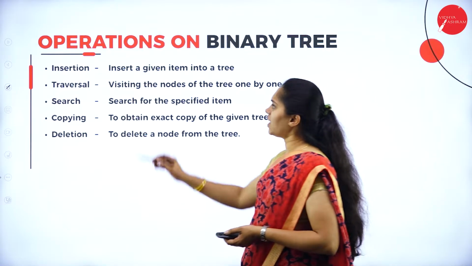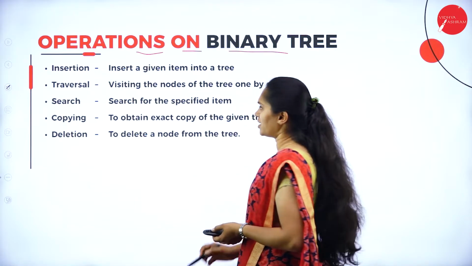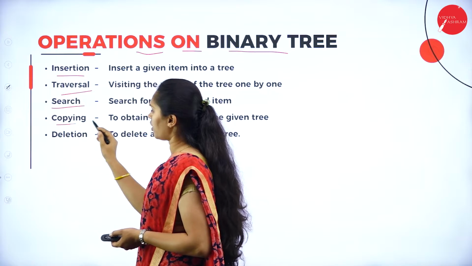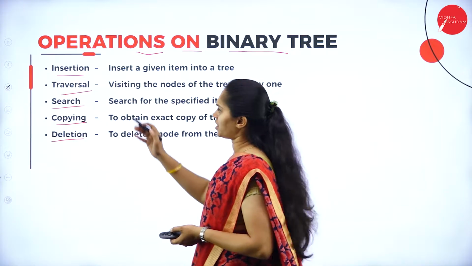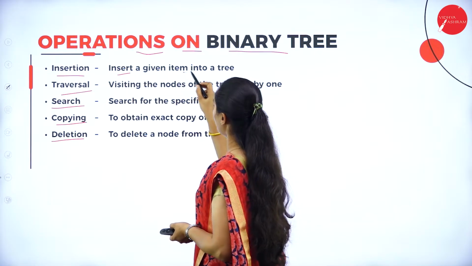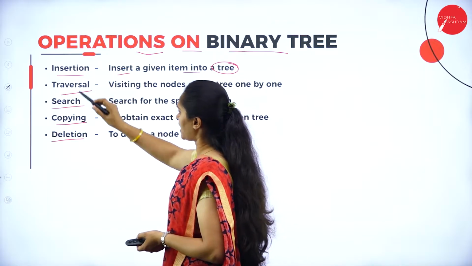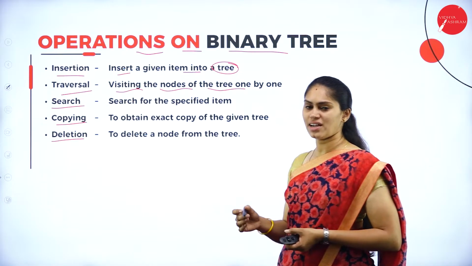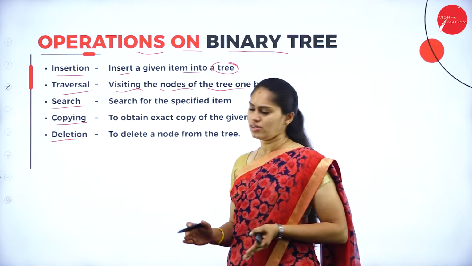Next, we will see the operations which can be performed on a binary tree. We can have insertion, traversal, search, copying, and deletion. Insertion means we insert a given item into a tree, and traversing means visiting the nodes of a tree one by one, from the first node to the last node.